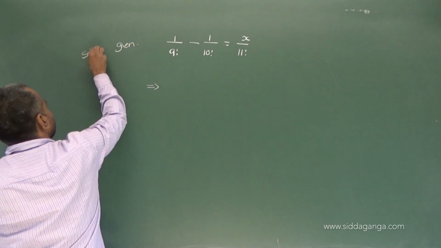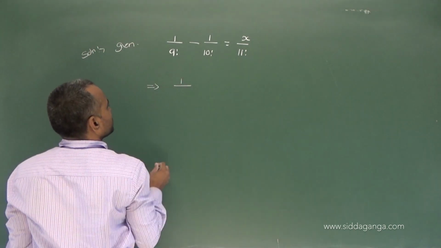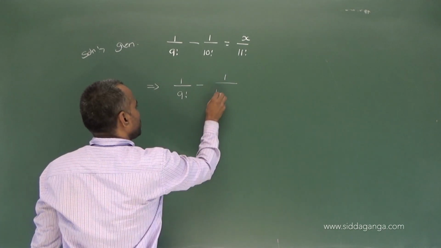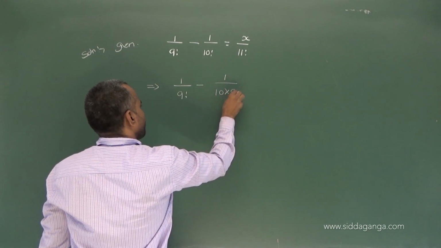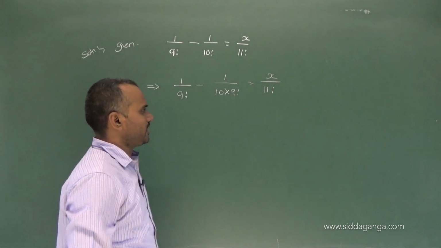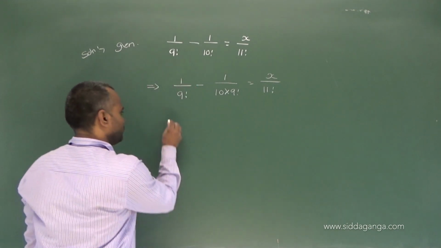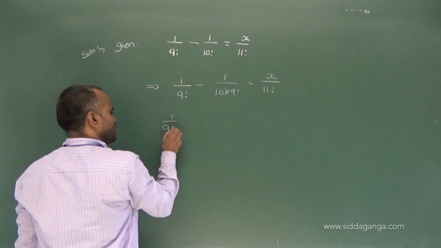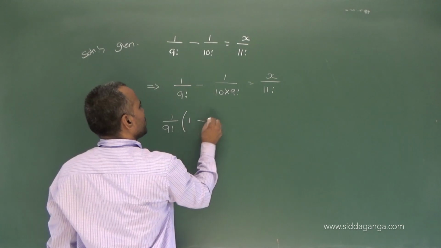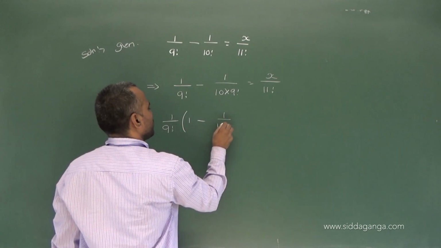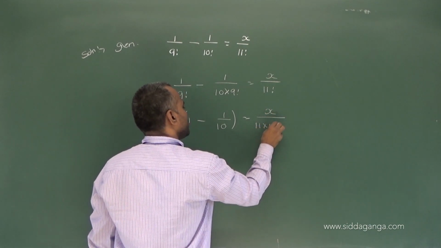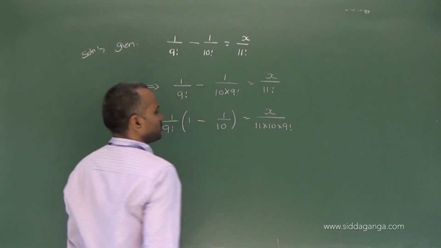Solution: 1 divided by 9 factorial minus 1 divided by 10 into 9 factorial equals x divided by 11 factorial. If I take 1 divided by 9 factorial common, 1 minus 1 divided by 10, equals x divided by 11 into 10 into 9 factorial.